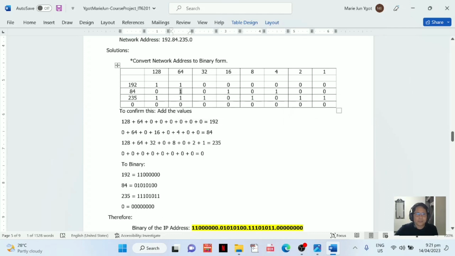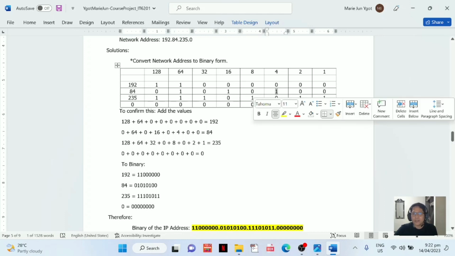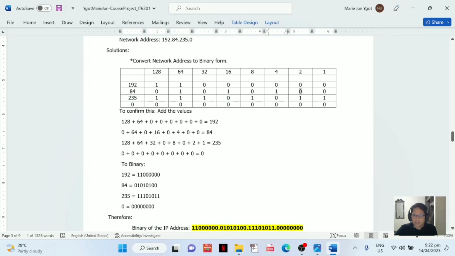So 64, can we add 32 in order to get 84? No, because it's already enough. 32 is too big. What about 16? Yes, we can still add this one. What about 8? No. What about 4? Yes. And what about 2 and 1? It's a no. So I'll show you here why.